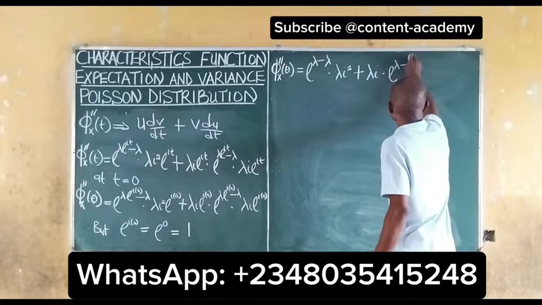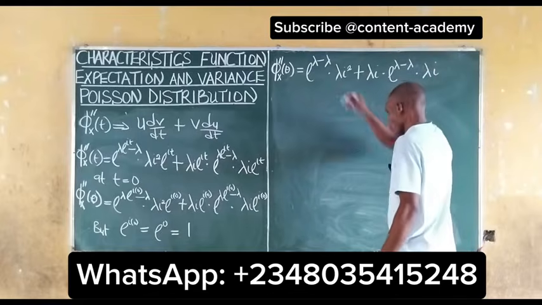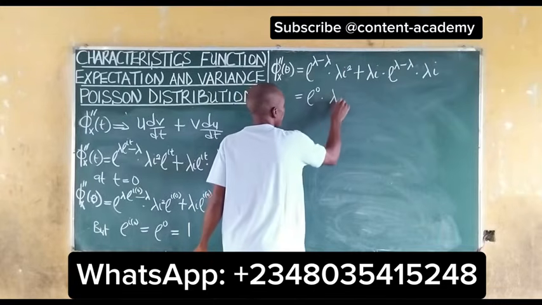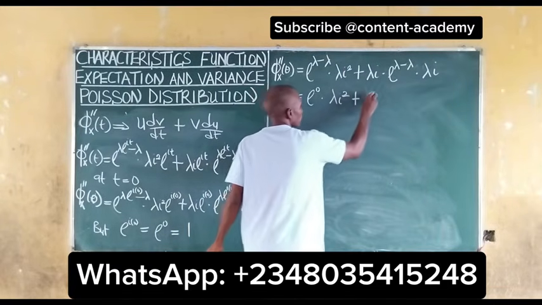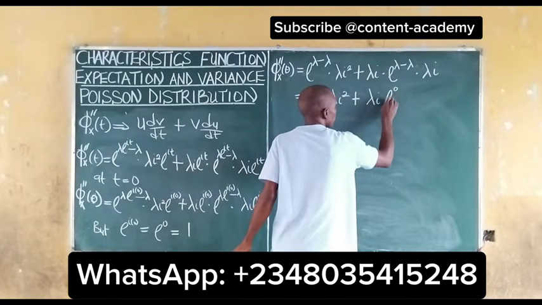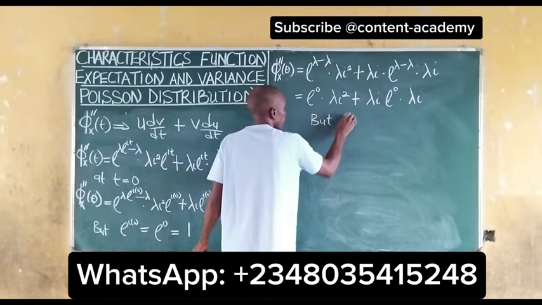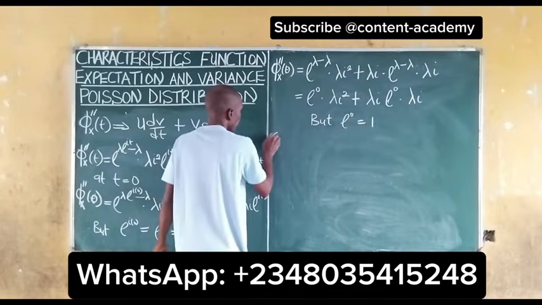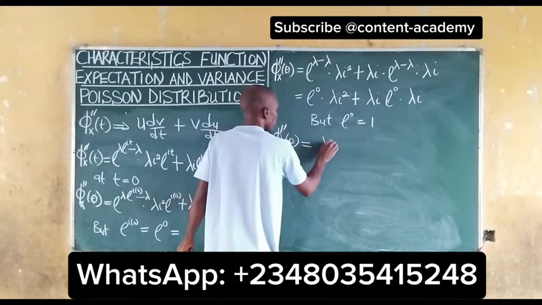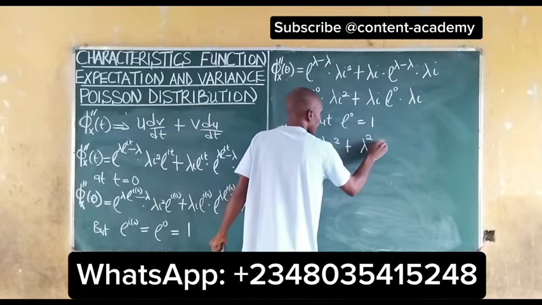So we have lambda minus lambda multiplied by lambda i, that is 1. So we have exponential 0 lambda i squared plus lambda i, exponential this minus this is 0, multiplied by lambda i. But exponential 0 is equal to 1. So our characteristic function for the second derivative is equal to lambda i squared plus this multiplied by this will give us lambda squared i squared.